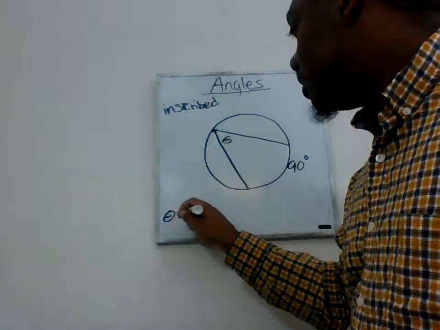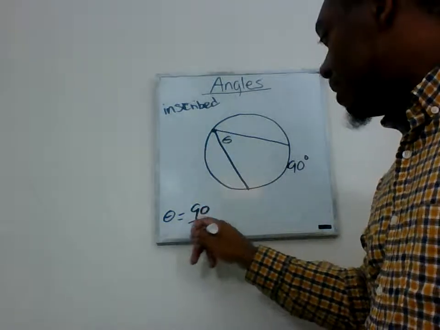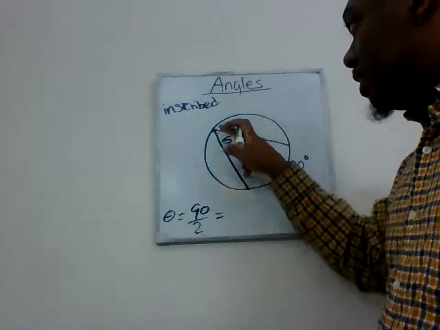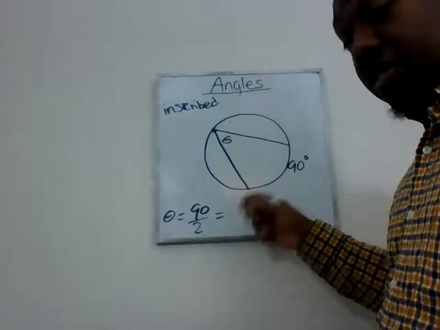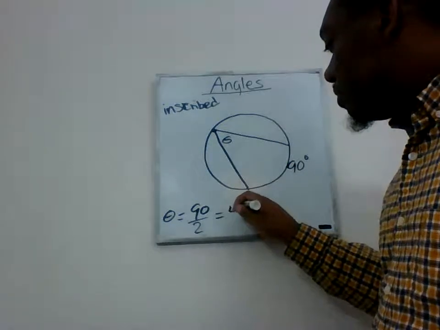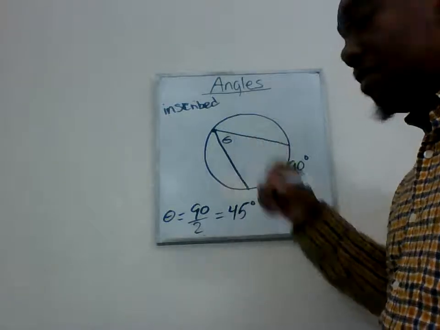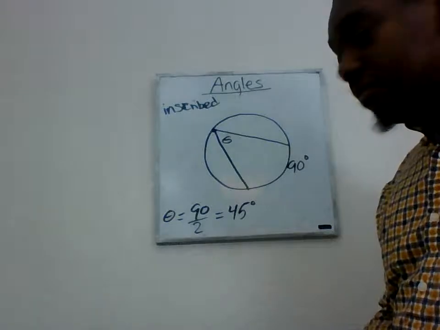I would say theta is equal to 90 plus 0 divided by 2, because 0 would be the other arc over here since there is no other arc measurement. And we still need to take the average of the two arcs. So in this case, we get 90 divided by 2, so we end up with 45 degrees. Okay, cool. Well, that's simple enough, right?